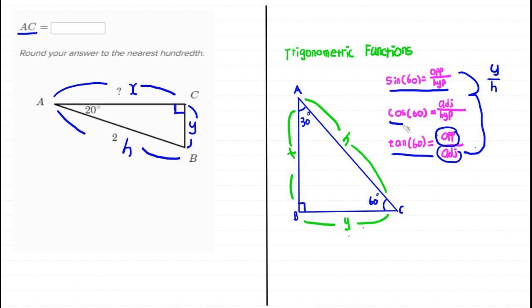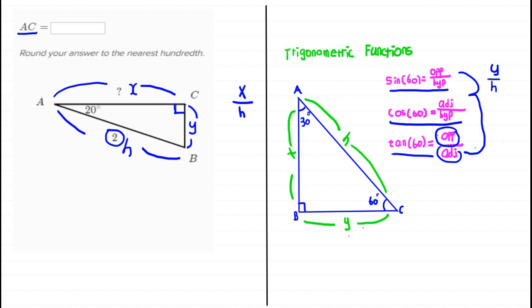So cosine is adjacent over hypotenuse, which is adjacent x value over hypotenuse h. So x over h. Even though we don't know the value of x, we know the h value, which is 2, so we can solve for x.